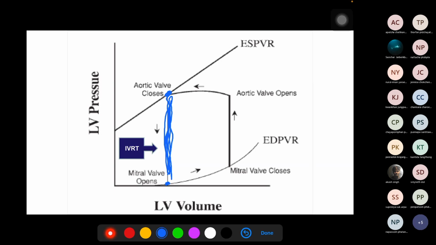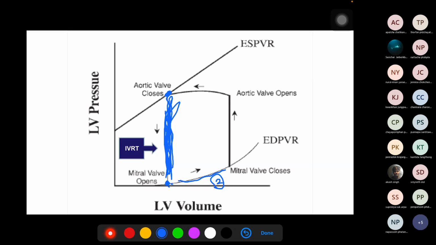When the pressure drops below the LA pressure, the mitral valve opens. So this phase is the IVRT, the isovolumetric relaxation time. When the mitral valve opens, this is the second phase, the early rapid filling.